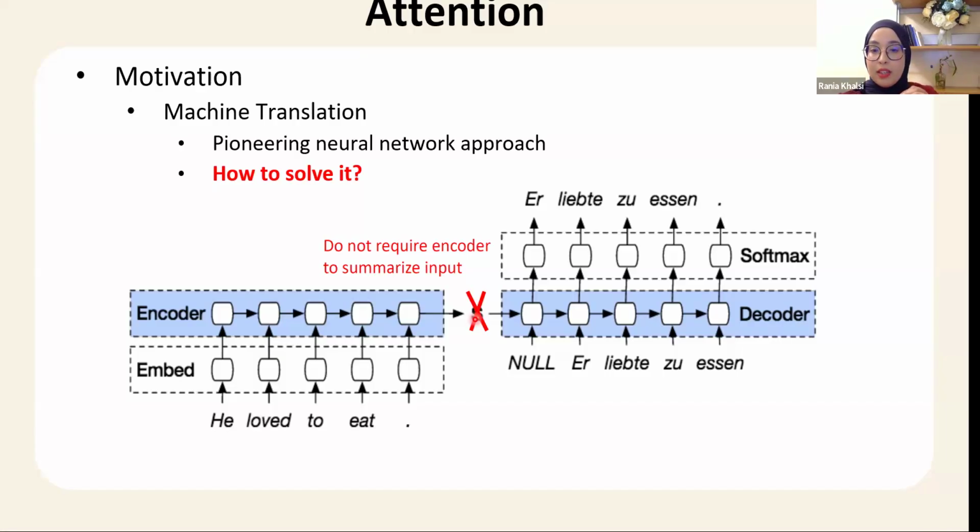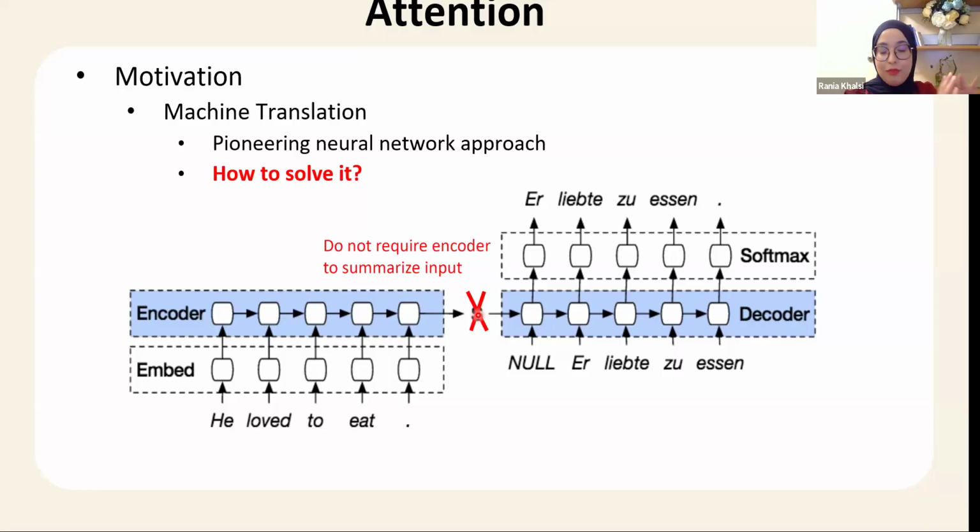Instead of forcing the model to compress an entire long sentence into a single summary vector, which is S, and which becomes unreliable for long inputs, the attention mechanism removes the need to use this vector itself.